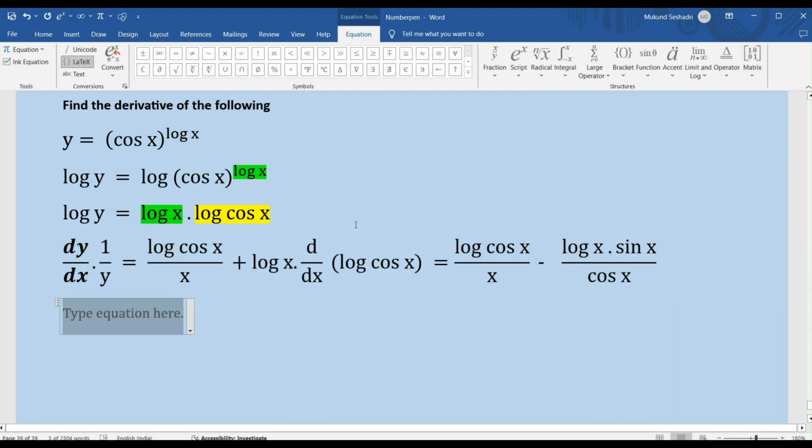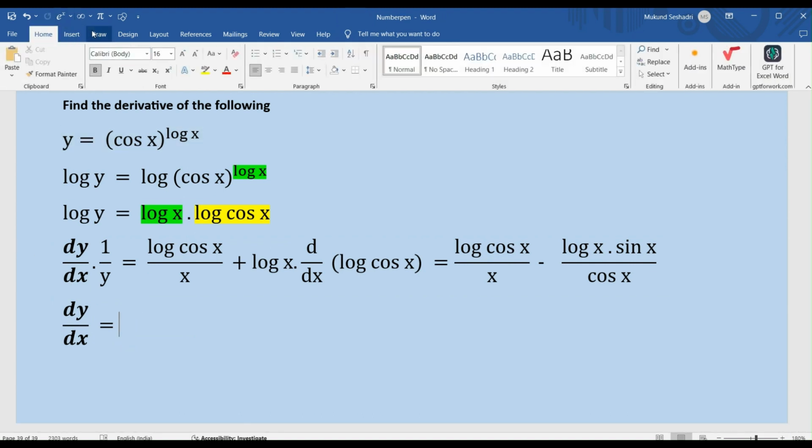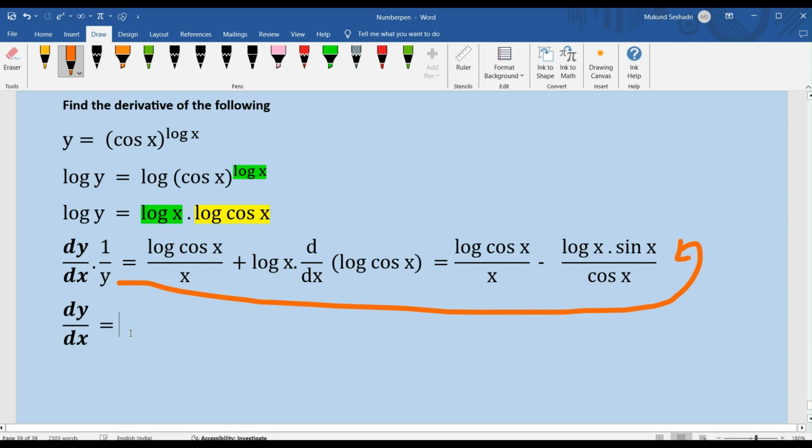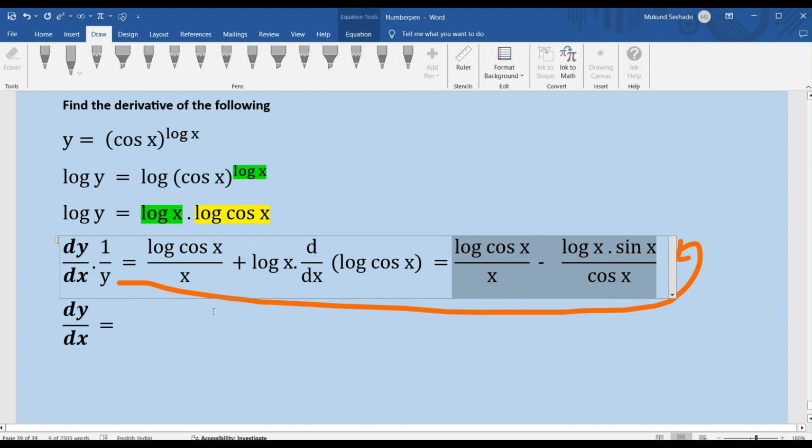My dy by dx is equal to, all I'm doing is moving this y to the right hand side, along with the expression we have on the right. So the expression I have on the right, I just copy it as it is.